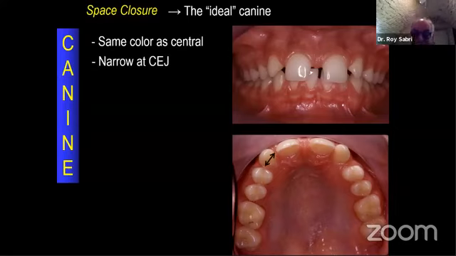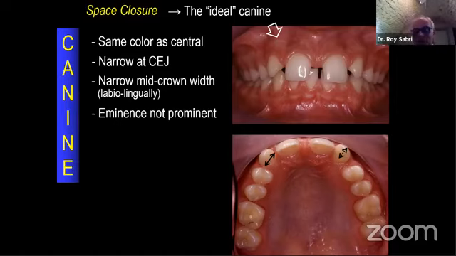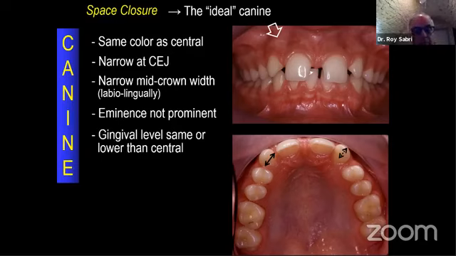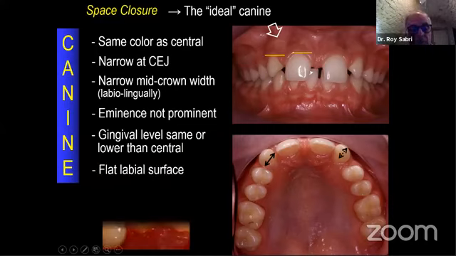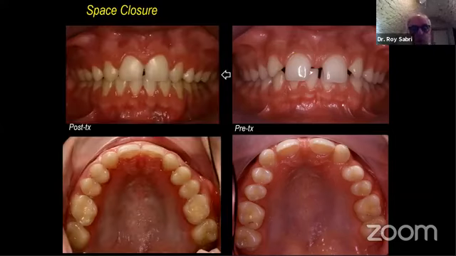It is narrow at the CEJ. It is narrow labiolingually, not like the one we saw. So if you trim it a little bit from the palatal, it's not going to go out too much. The gingival level is already at the same level as the central, so we can extrude it a little bit. And it has a flat labial surface. So these are the criteria of the ideal canine for space closure.